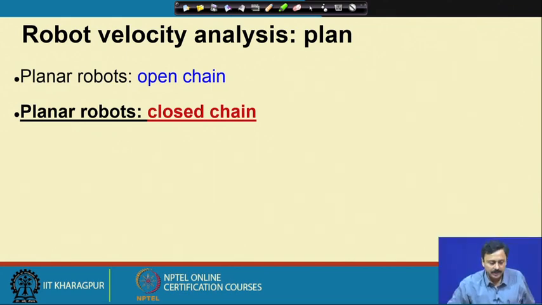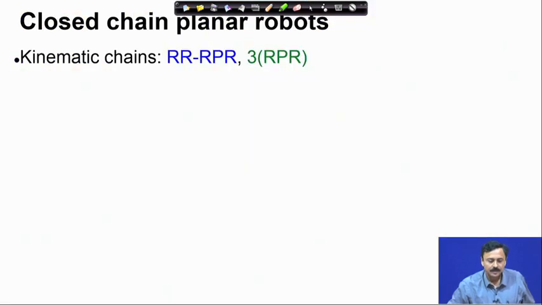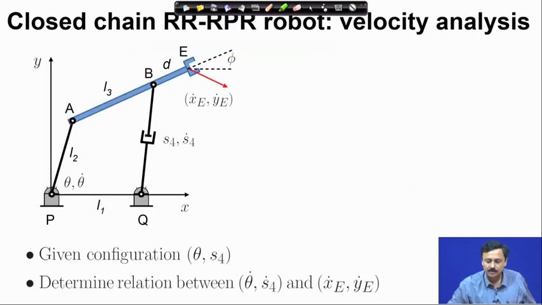So, in this lecture we are going to look at closed chain planar manipulators, the 2 RPR and 3 RPR chain. Let us begin with the 2 RPR planar closed chain robot.